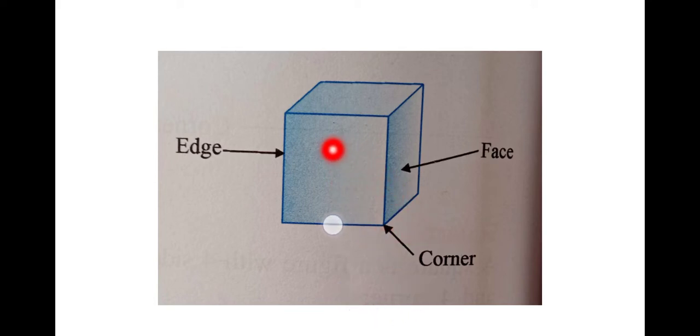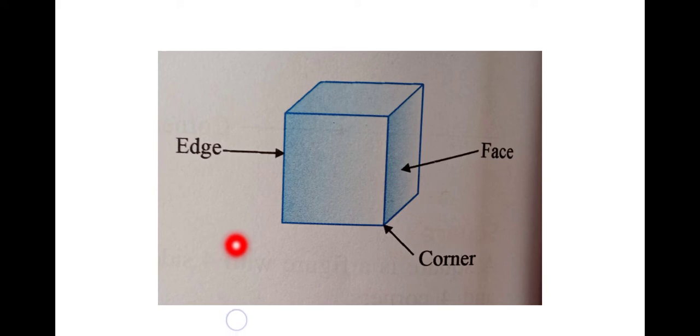Suppose your math textbook: the top part is a face, the bottom part is a face, and also the sides of the book, all those are faces. Understand? This part is called the face.